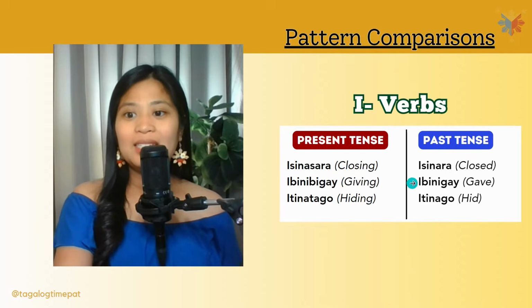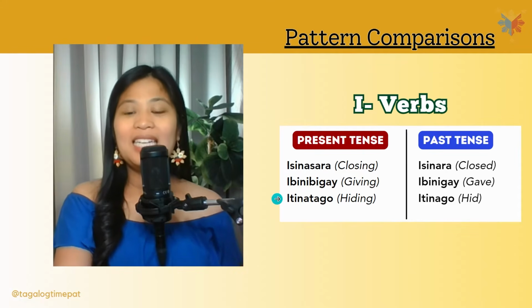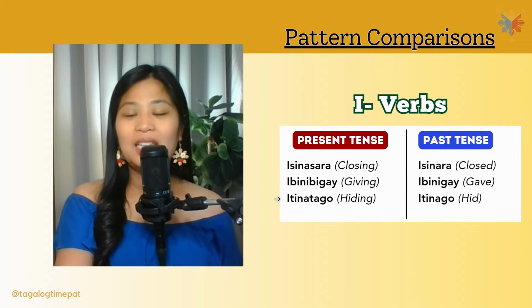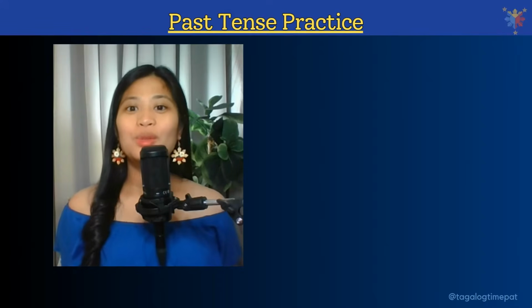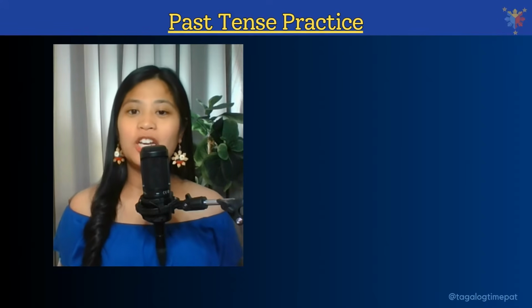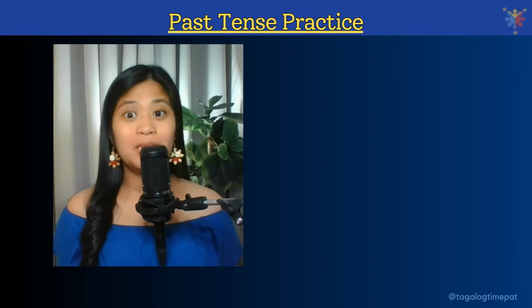In the past tense, it's ibinigay, gave. Lastly, itago, which means to hide, in the present tense is itinatago. That means hiding. In the past tense, it's itinago, hid. So those are all of the past tense conjugation patterns for the different types of verbs in Tagalog.